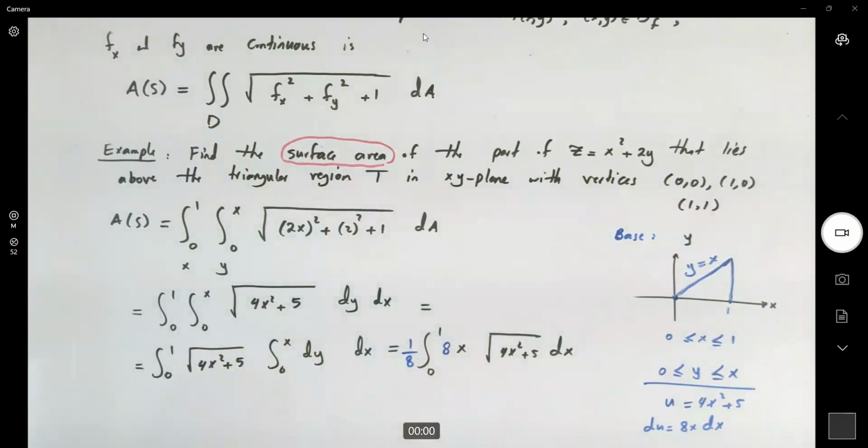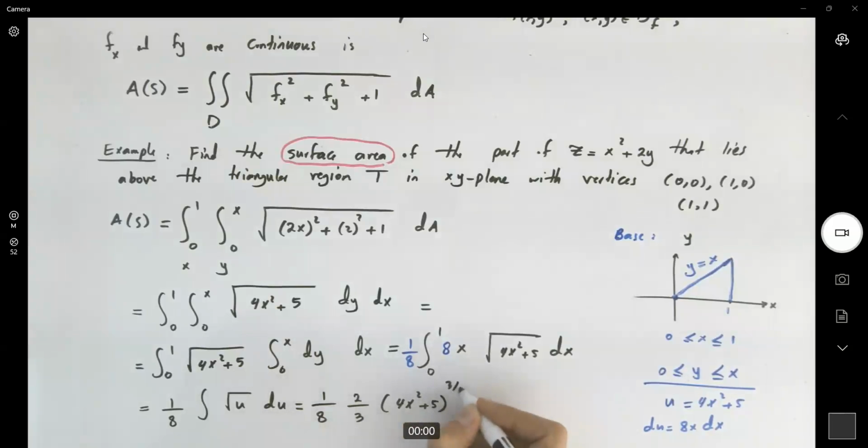And this becomes 1 over 8, the integral of square root of u du, or 1 over 8. Here you have a half, so we get 3 halves. 2/3 of 4x squared plus 5 to the 3 over 2, where x ranges between 0 and 1.